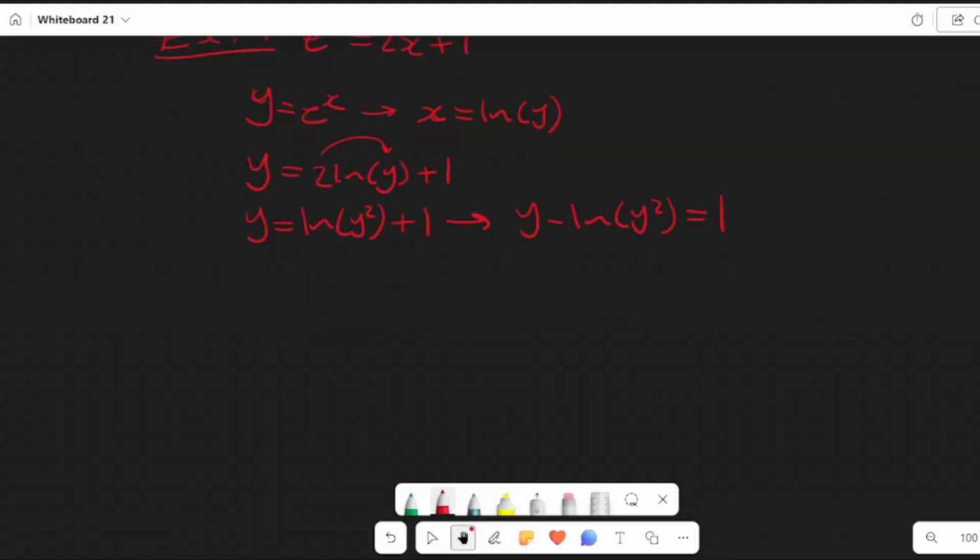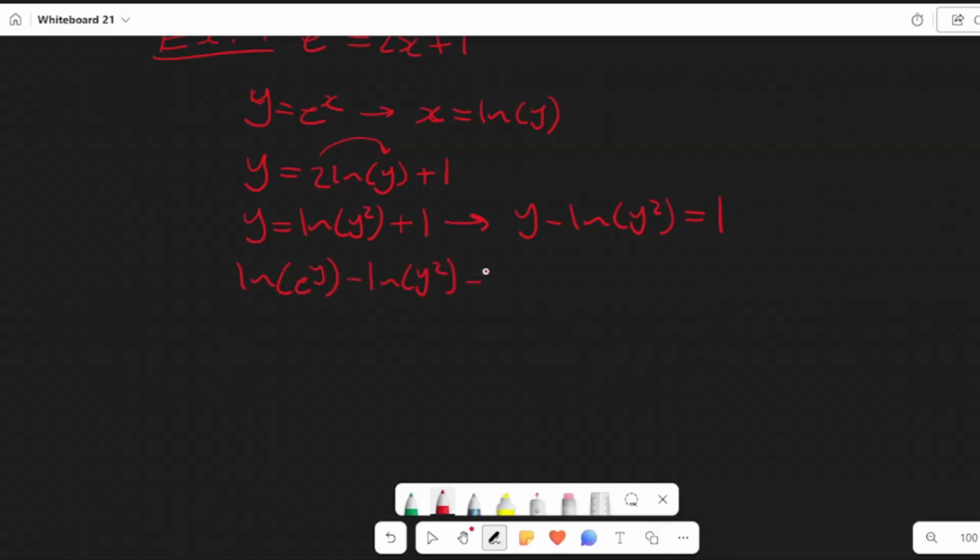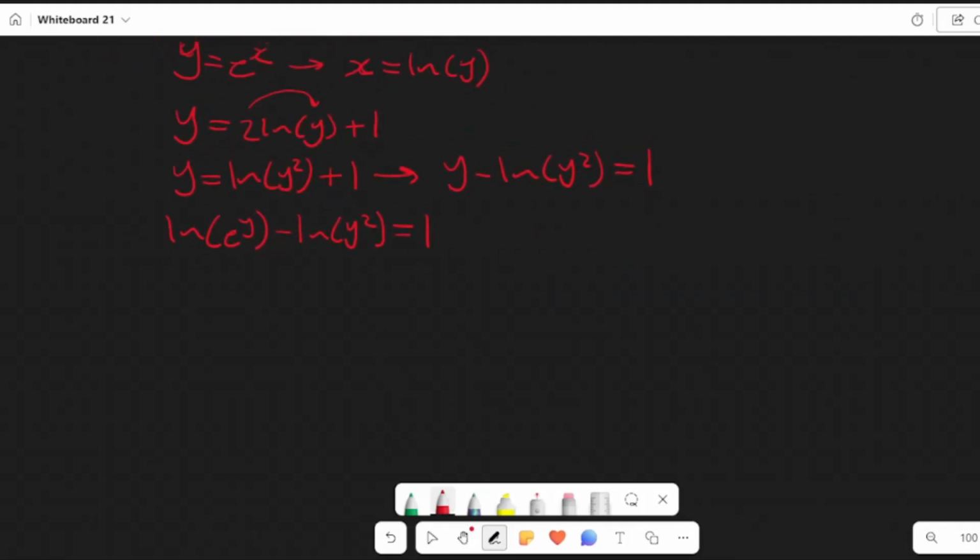And y, I can actually rewrite as natural log of e to the y, minus natural log of y squared is equal to 1. Using the properties of logarithms, I can rewrite this expression as natural log of e to the y over y squared being equal to 1.